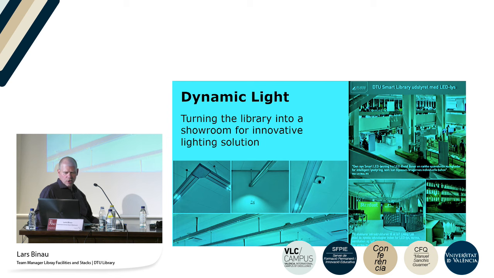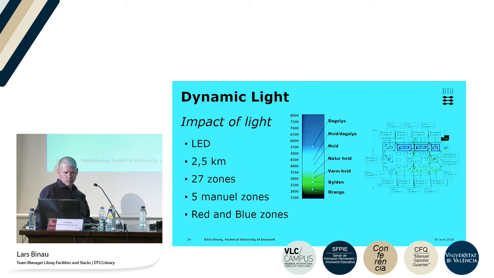And it can also see if it's sunny and there's a lot of sun coming into the library, then the light dims down because we don't need as much light. And we found out a lot about light talking to professors at our university, about the impact of light.